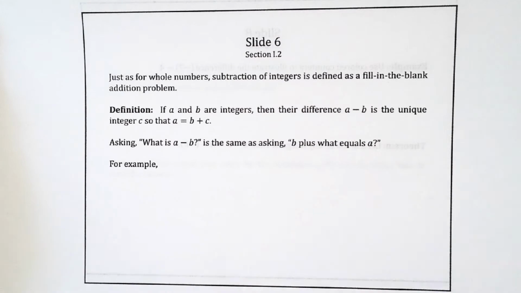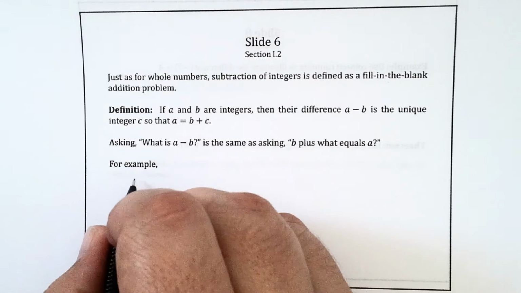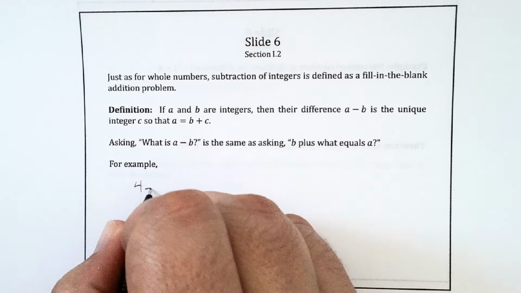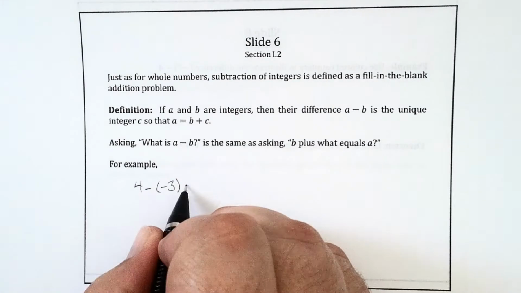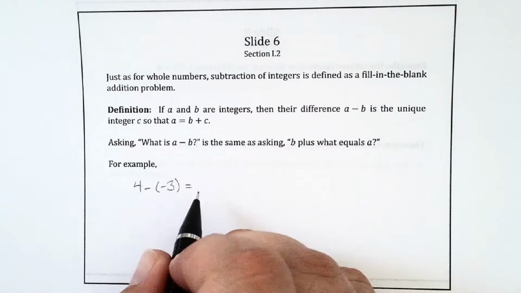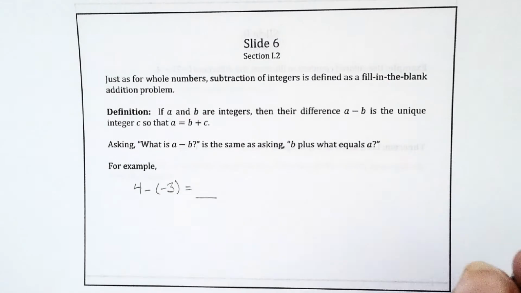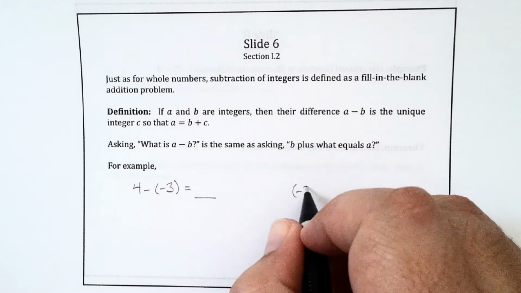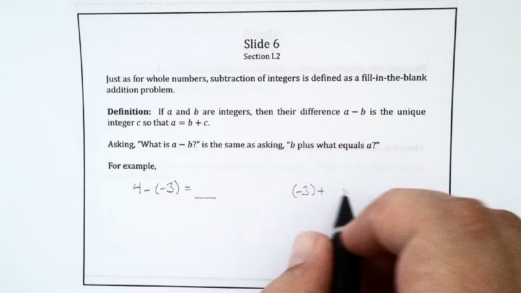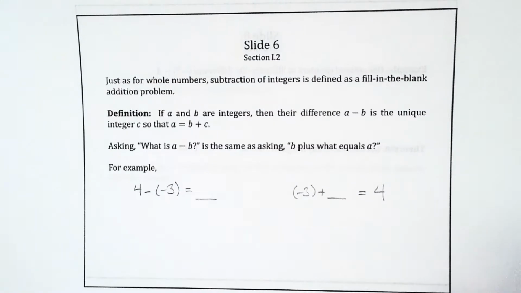For example, suppose I were to ask what is 4 minus negative 3. Okay, that's equal to what? Well, what I'm asking is negative 3 plus what would give me 4.